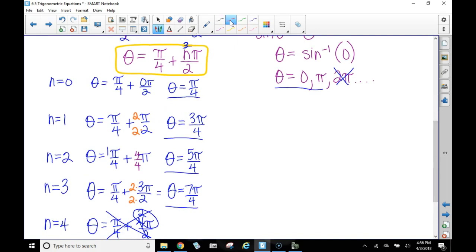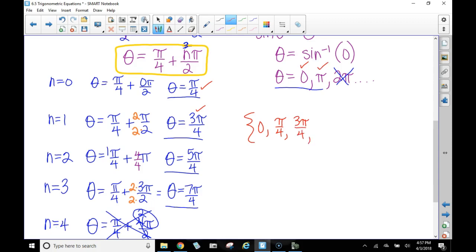Going in order from 0 to 2 pi, here's our solution set. 0 is the smallest. Next is this angle in quadrant 1 of pi over 4. Next is this angle in quadrant 2 of 3 pi over 4.